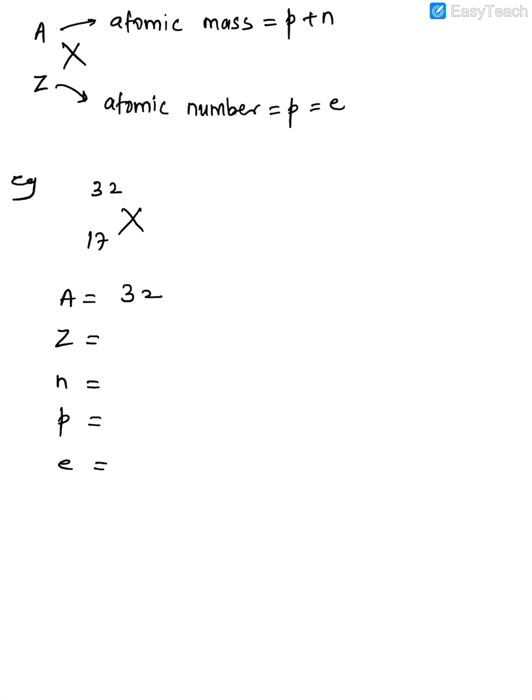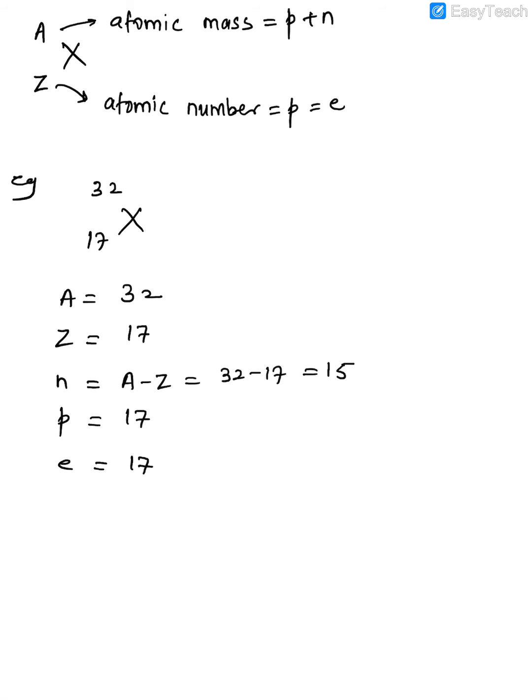Atomic number will be 17. Number of neutrons will be A minus Z, so that is 32 minus 17, which is equal to 15. Number of protons and number of electrons are both equal, that is 17, and electrons will also be 17.